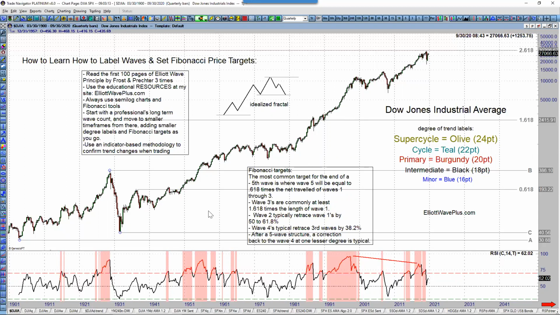Today I'm going to talk about how to start labeling waves, how to get started on it. This on-chart list would be the way I would do it, and it is the way I started counting waves some decades ago.